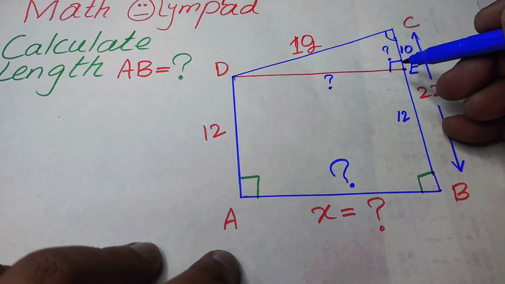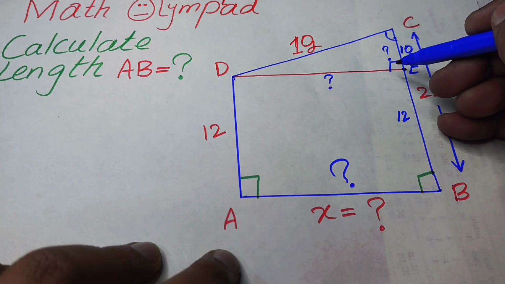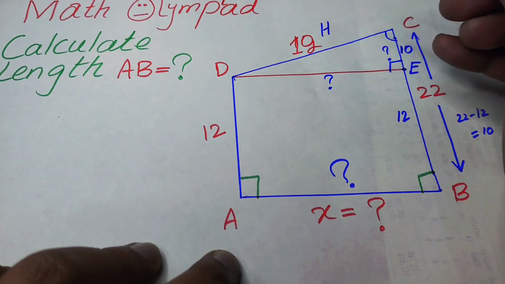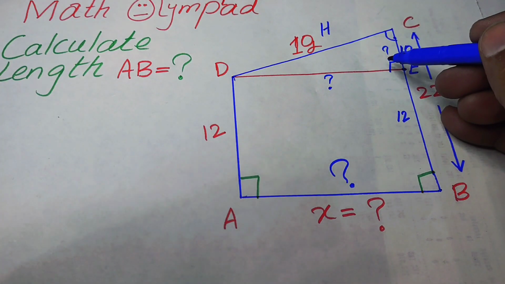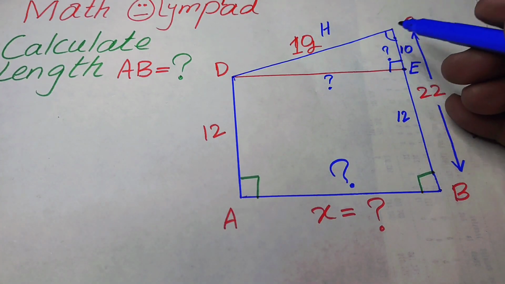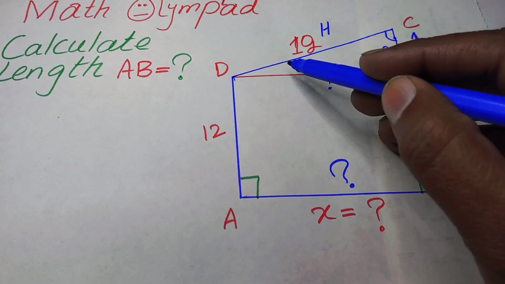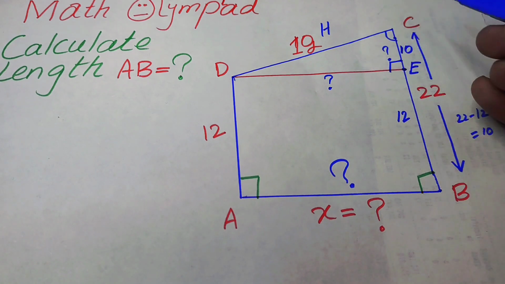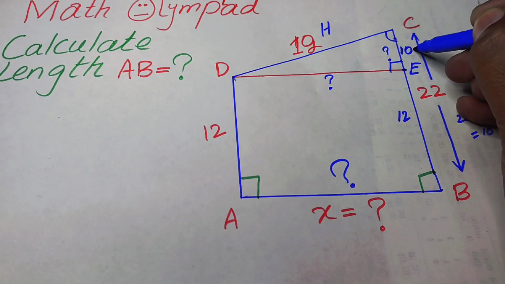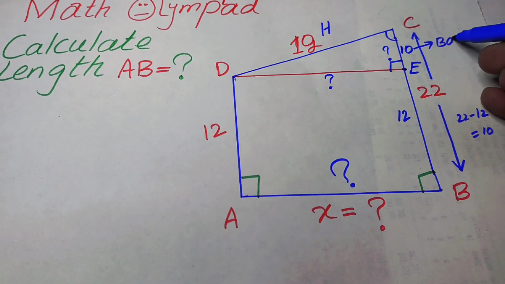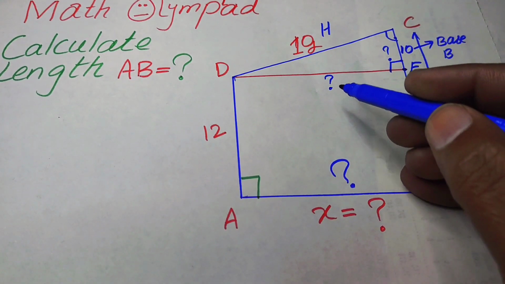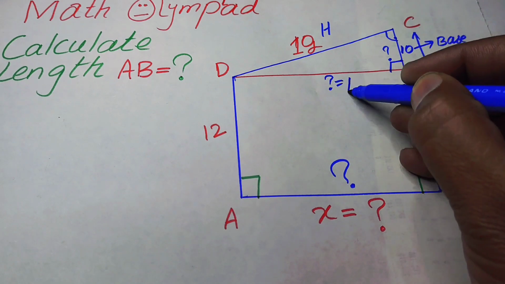We know that the side opposite to the right angle is the hypotenuse, so the side DC is the hypotenuse, this is our base, and this is our perpendicular.